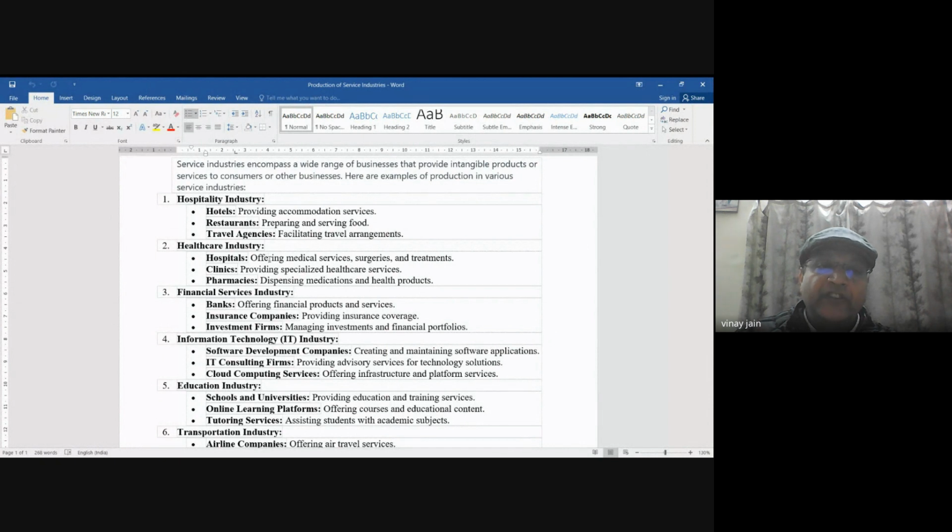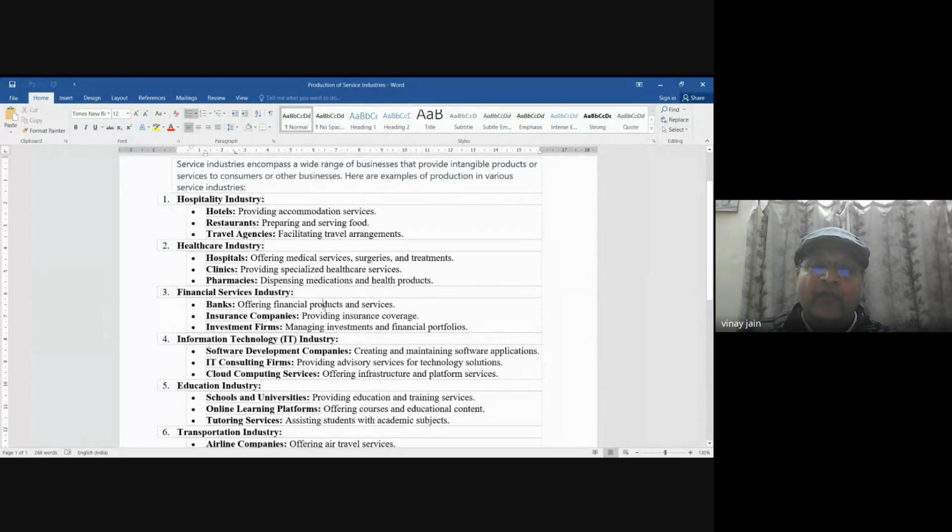Third is financial services. Under financial services, banks, insurance companies and investment firms come under this. What banks are doing, you need to understand, is offering financial products and services.